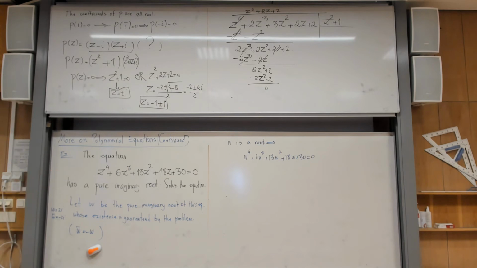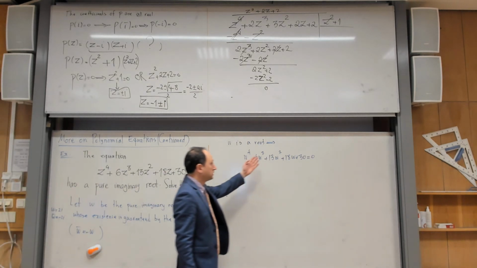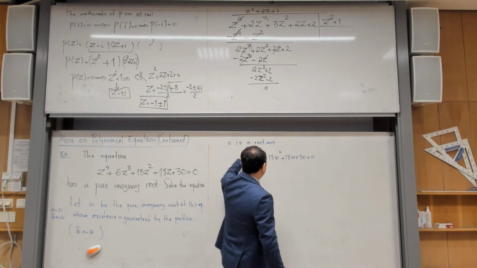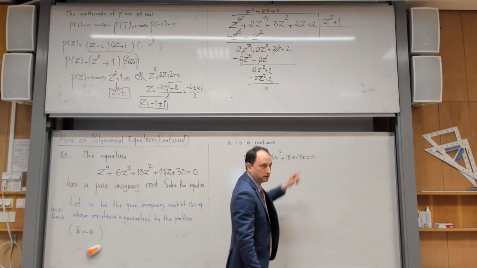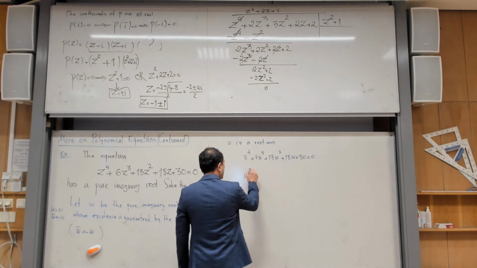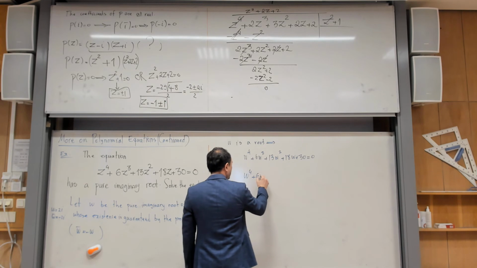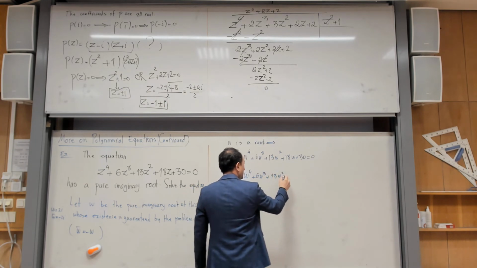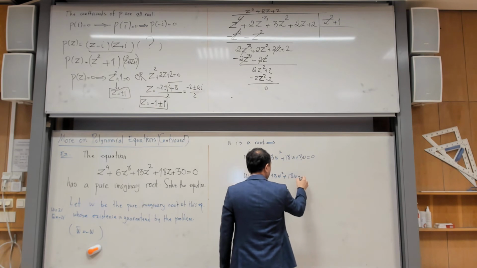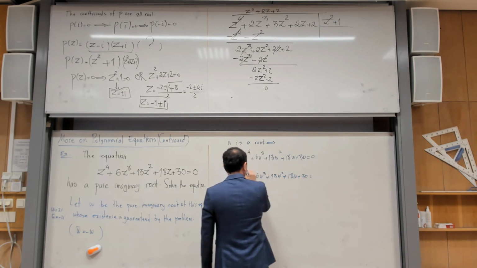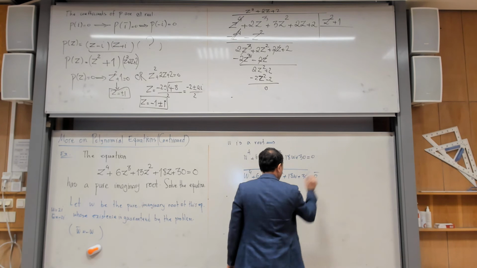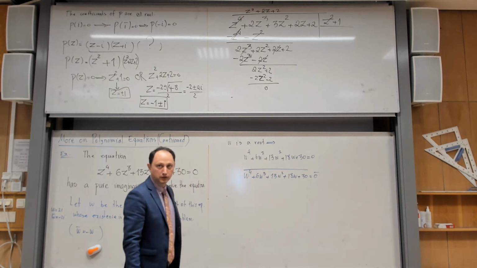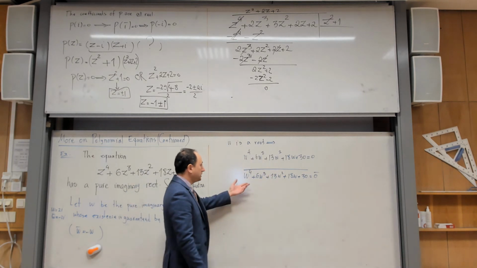Take the conjugate, yes? If this is true, I take the conjugate here and the conjugate there. You will see why. I have some ideas, but I don't know exactly what is going on. The 0 bar is 0.